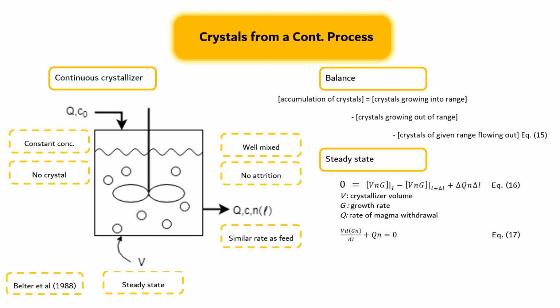If we assume that the growth rate G is not a function of the size L, equation 17 becomes equation 18. When L is small, the population density will be dominated by the nucleation of new crystals as shown in equation 19 and equation 20.